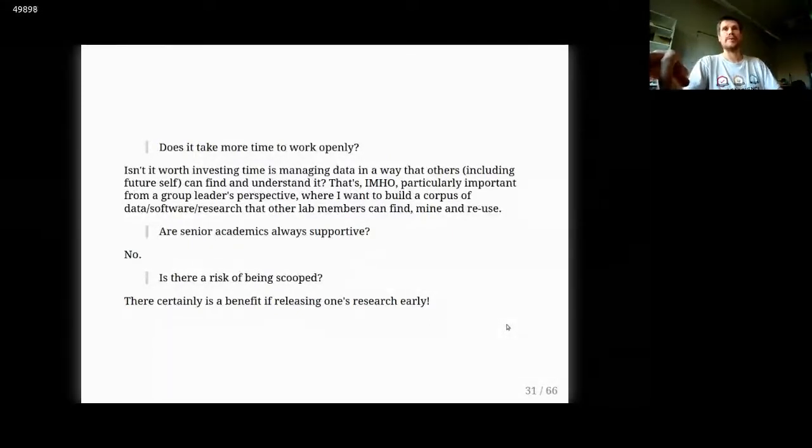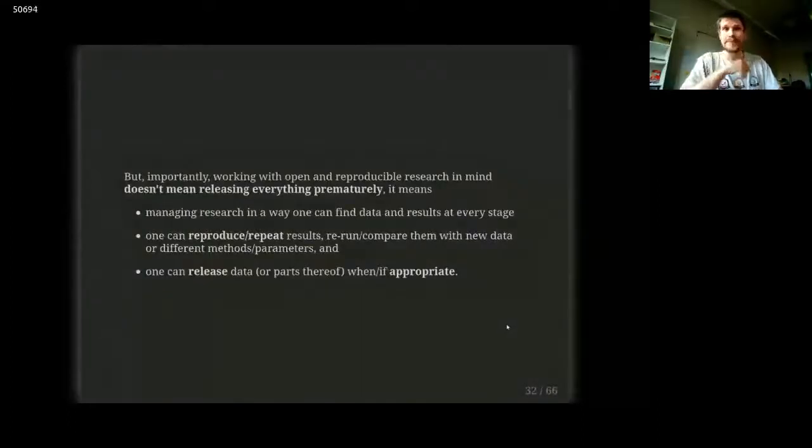Will you be able to build this corpus of data, software, research, and everything where your future self and other lab members can find and reuse? Now, are senior academics always supportive? Unfortunately, the answer is no. Is there a risk of being scooped? I don't know. But there certainly is a benefit of releasing your outputs very early and getting credit for them.